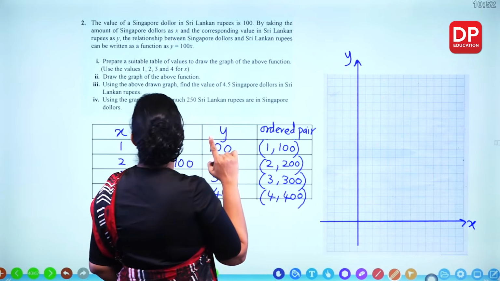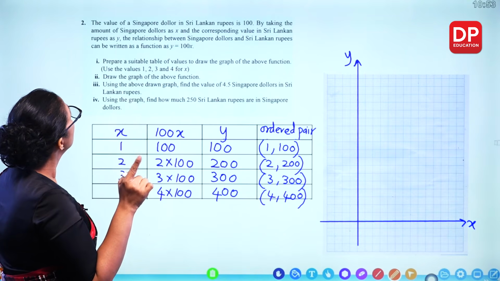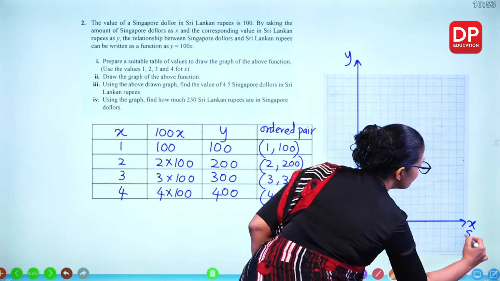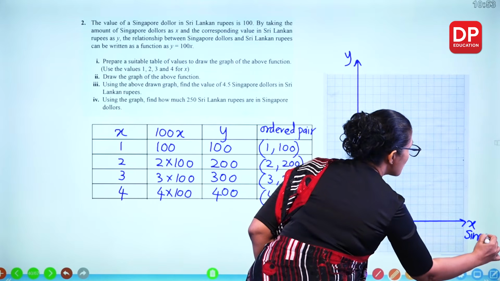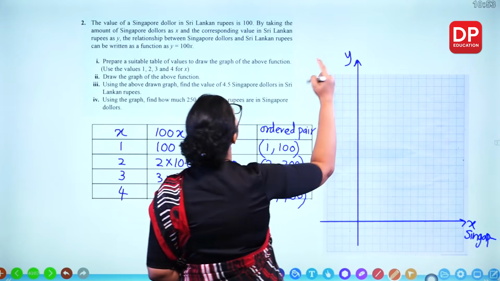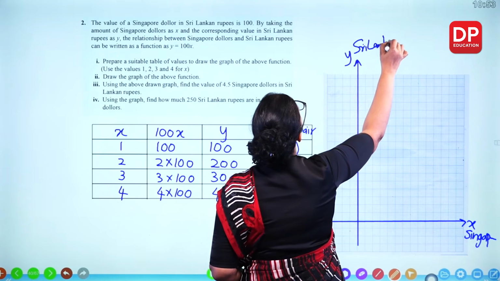We know that x is the Singapore dollar. You can say Singapore dollar here. This one is the Sri Lankan rupee.